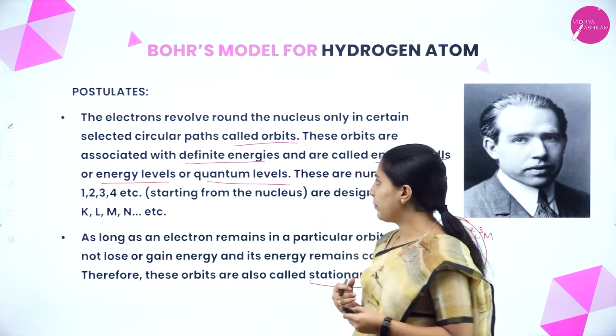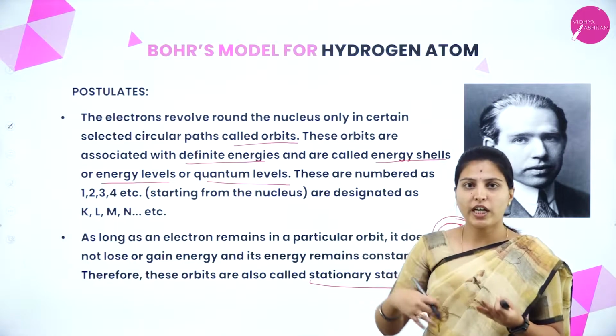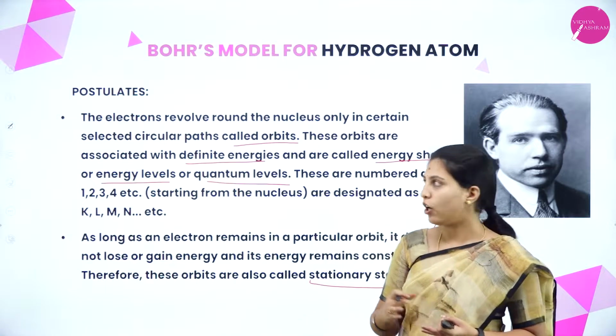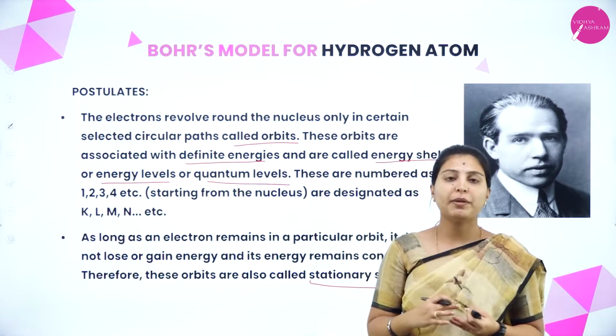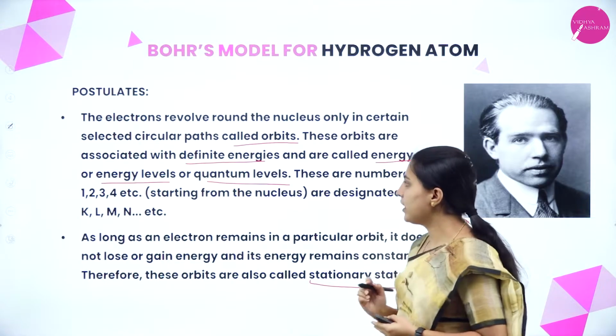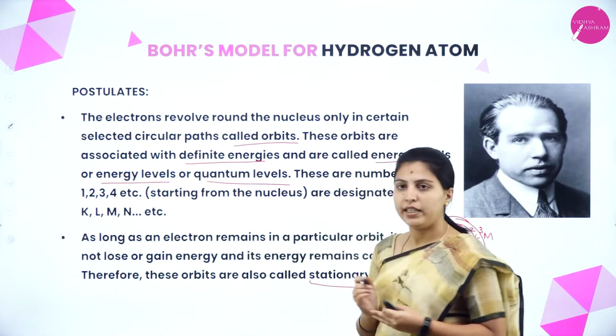Once again, the electrons revolve around the nucleus in selected circular paths. Those circular paths we call orbits. These orbits have a definite energy, and those definite energies we call energy shells, energy levels or quantum levels.